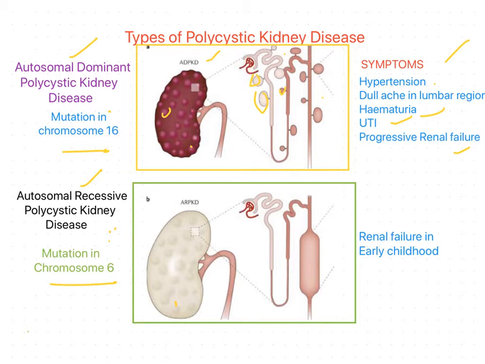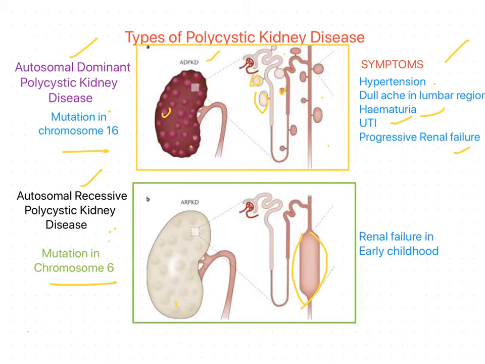So the cysts are cylindrical in shape. Here you can see the cysts are cylindrical in shape, formed from dilation of the collecting tubules which extend radially to the outer cortex. So here the cysts are found only in the collecting tubules, whereas in the adult type the cysts are present all over the nephron.